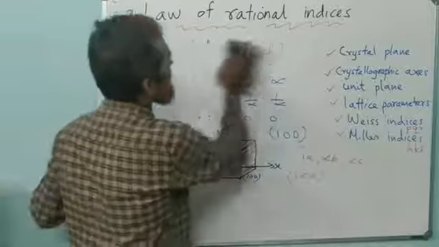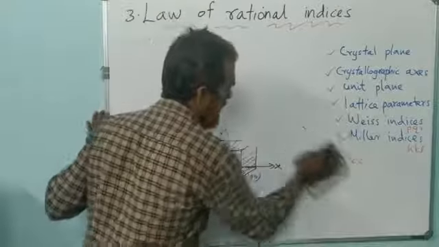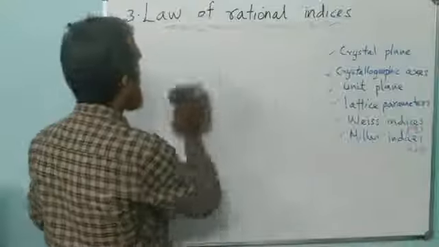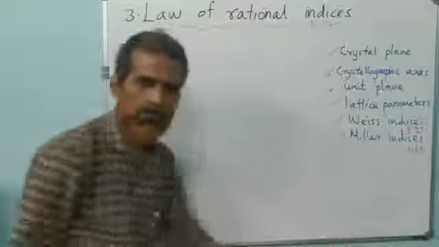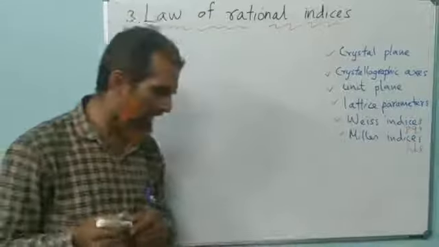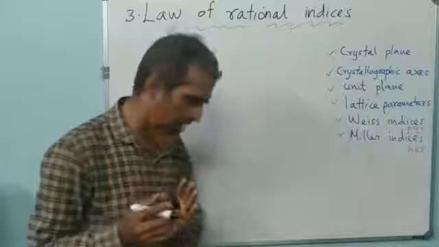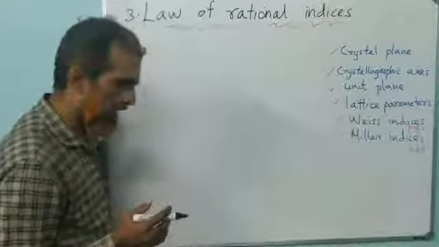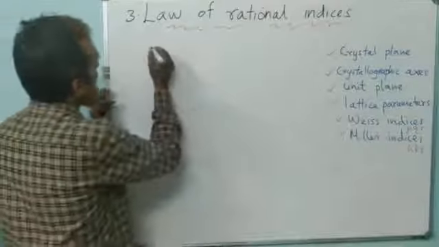Now let us do one question on identifying the Miller index of a plane. You may write this down. Calculate the Miller indices of crystal planes which cut through the crystal axes, and there are many questions.